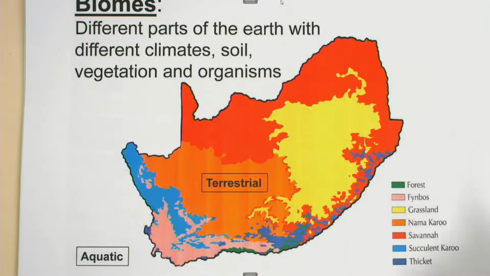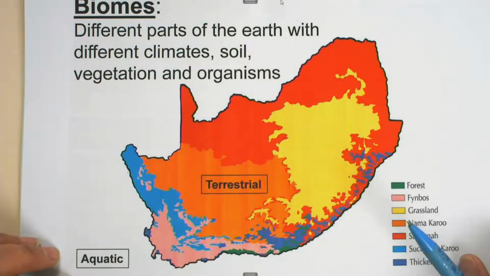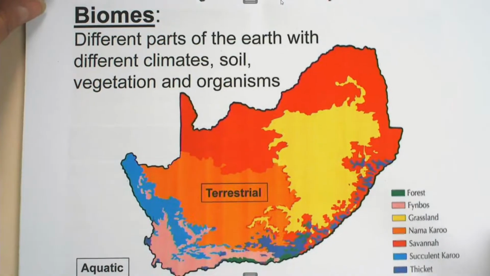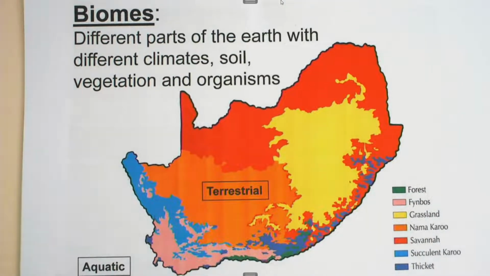All right. Now, because of the different climates that we have in the world, we're going to have different sections with different vegetation. And vegetation means the type of grass, the type of trees, flowers, succulents that we're going to have there. And obviously when we have different types of vegetation, we will have different types of animals, birds or organisms that get their food from the vegetation.